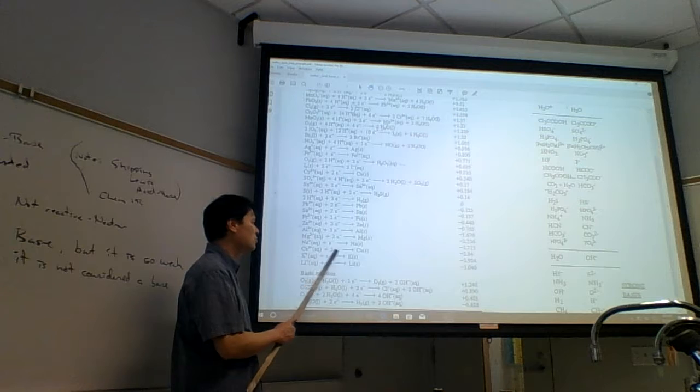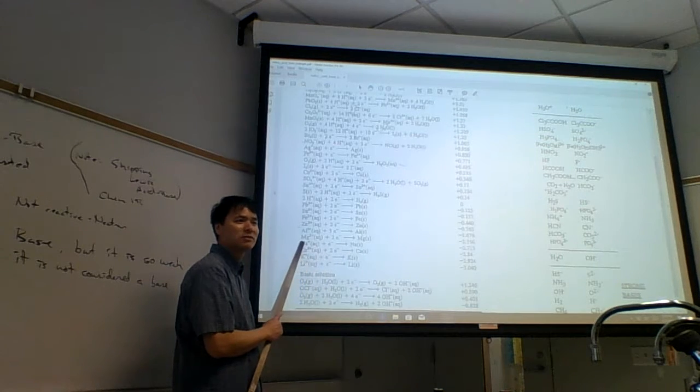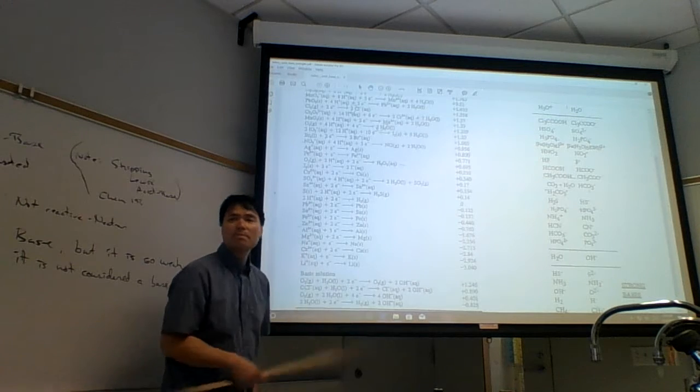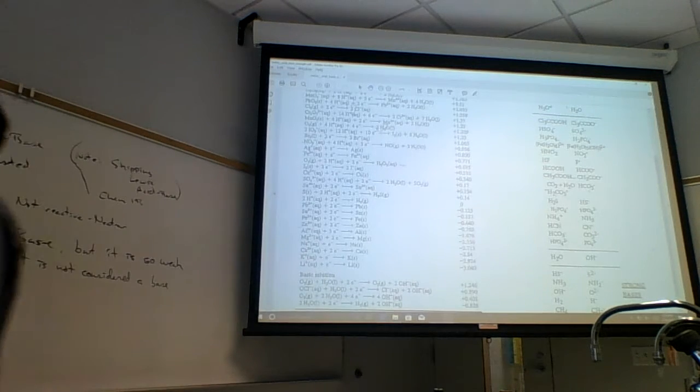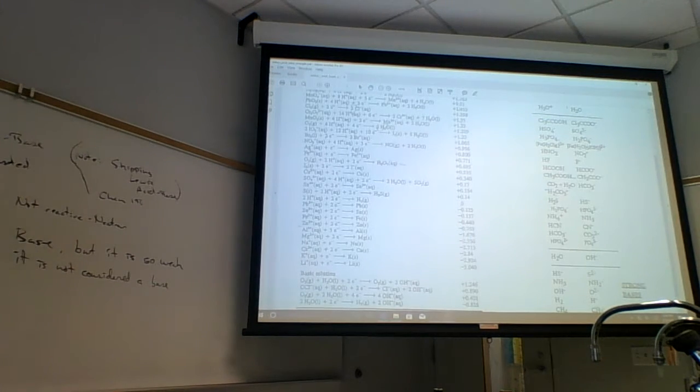In fact, it's probably so poor that we don't really consider it much of an oxidizer at all. And so, yeah, sodium ion's an oxidizer, but it's a very bad oxidizer. But so unreactive, it's not really considered.